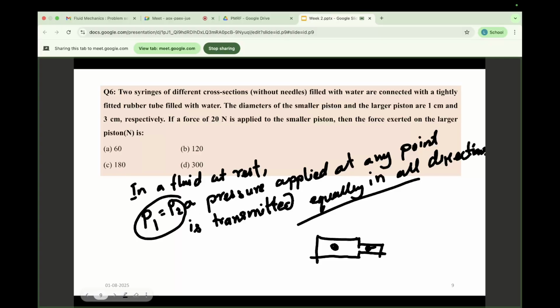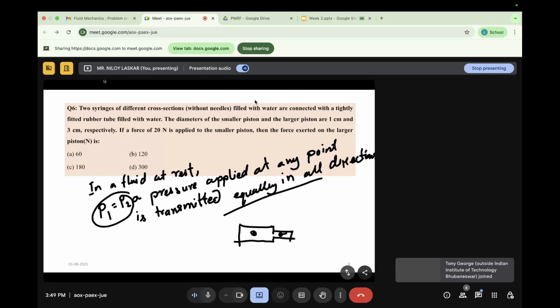So please try to answer this question using this. P1 equal to P2, and the rest you have said correctly, where force equals pressure into area. What option?